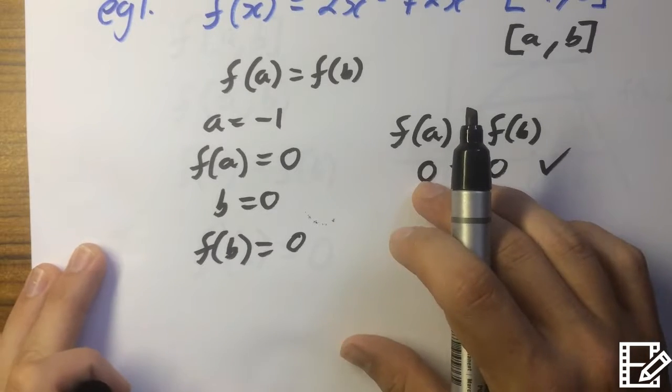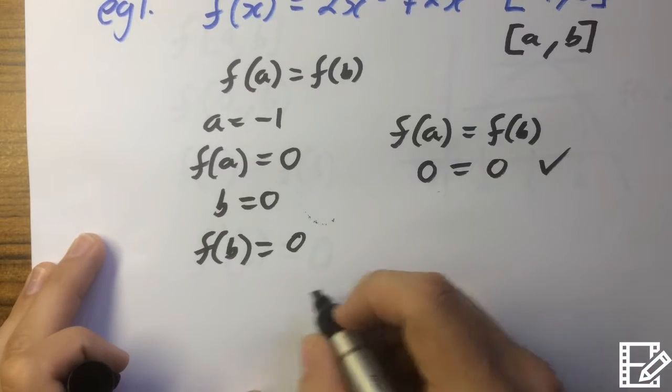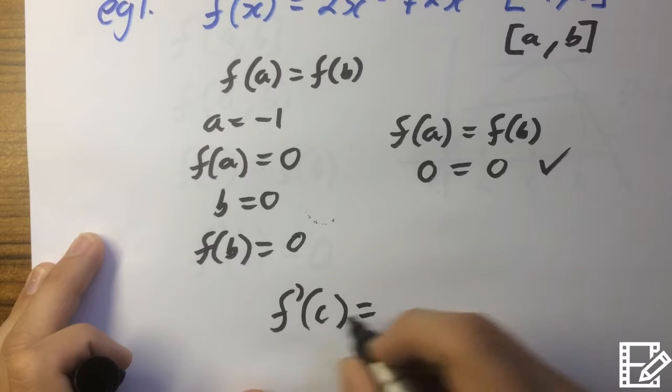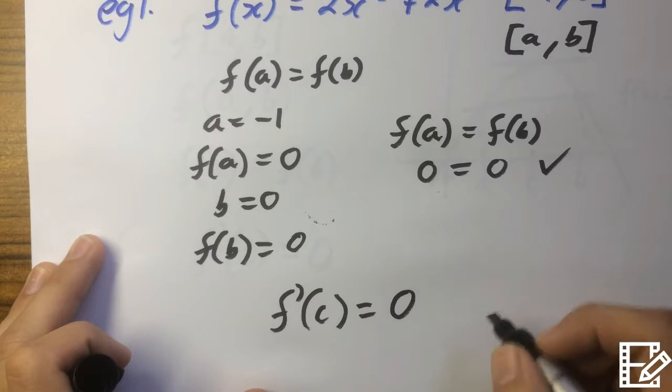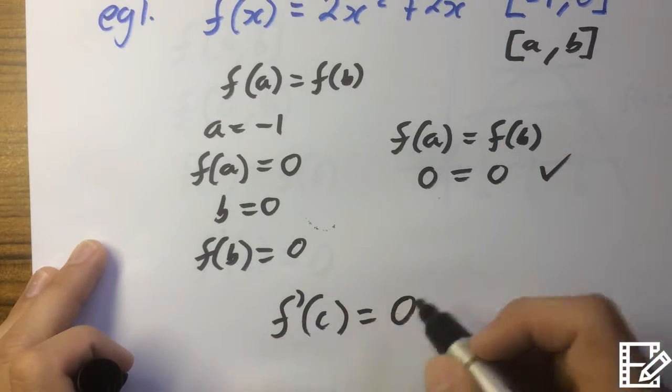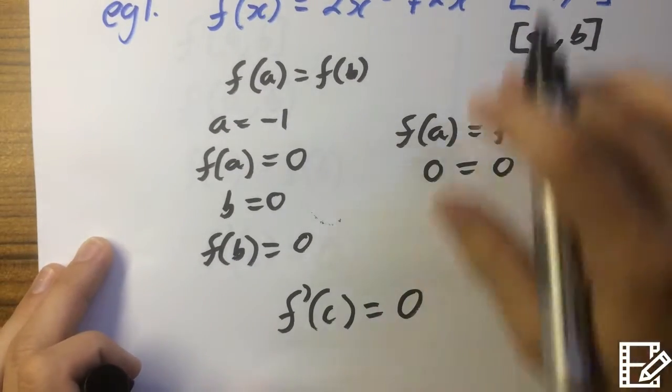And once that condition is met, we're now saying that the derivative of f of c equals 0. When this condition is met and those other two conditions are met, this is what we do. Okay. Now, what do we do with this?